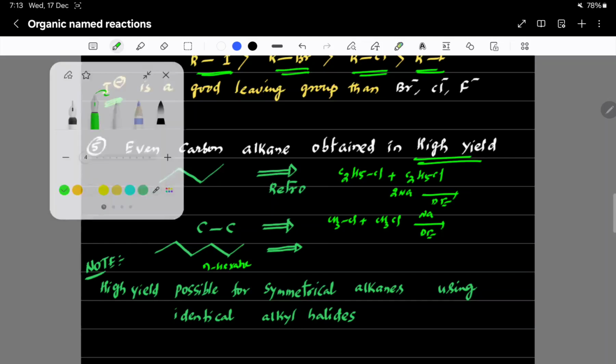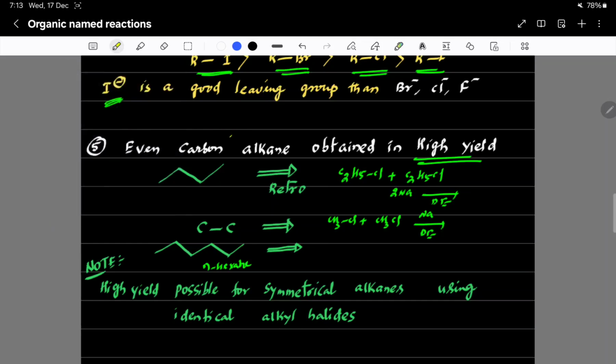That means you can take propyl chloride plus propyl chloride, that is CH3CH2CH2Cl. If you want a high percentage yield of product, you need a symmetrical alkyl halide, then it will give the high yield product only.